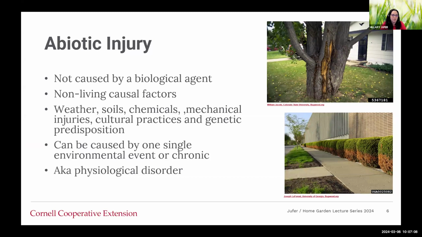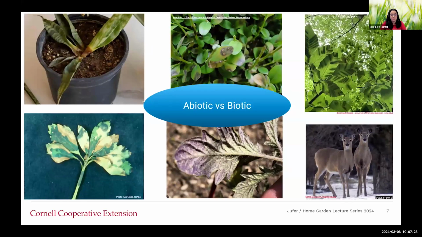And you can also refer to it as a physiological disorder. So if we're looking again at the pictures, this one up here is actually a lightning strike on a tree. And this one down here, which you'll hear me talk about often in this program today, is going to be from de-icing salts.